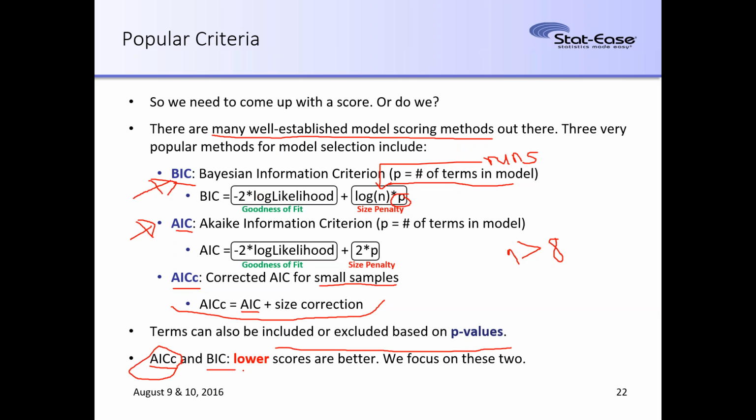Caveat here, when using AICC and BIC, lower scores are better. So if you have two models that were fit to the same data set, and you want to pick one based on its BIC score, you'd pick the one with the lower BIC. Same thing with AIC, same thing with AICC. Okay, so lower is better.